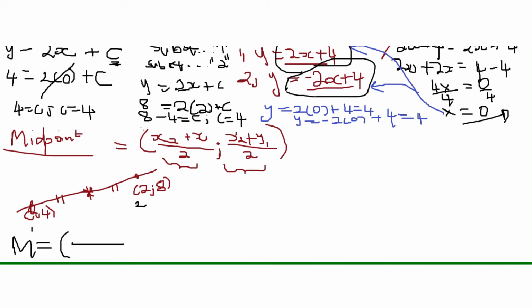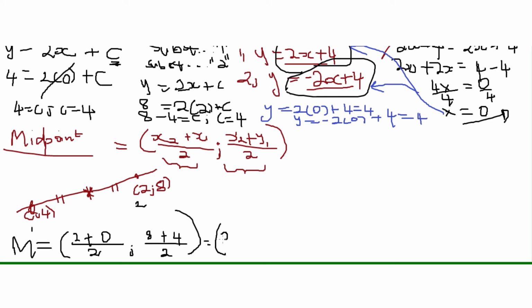Then it's going to just be x2, which is 2, plus x1, which is 0, all divided by 2, and then this side is going to be divided by 2, and then y2 here it's 8 plus y1 here it's 4. Then this gives us what?